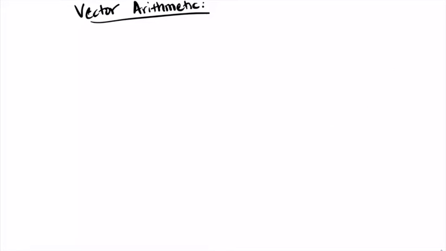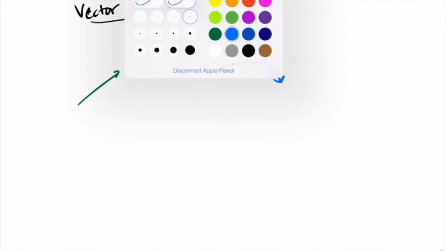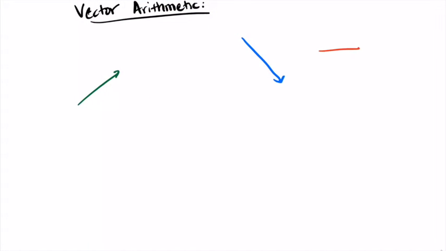So vectors aren't just arrows floating in space. They're things we can add and subtract, which is pretty cool. So if I have one vector going this way, another vector going this way, and a third vector going maybe this way, I'm able to add them together.